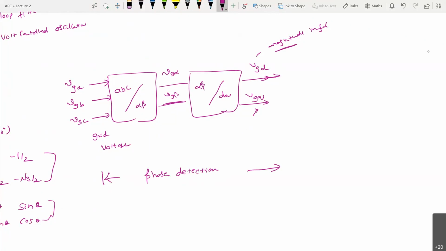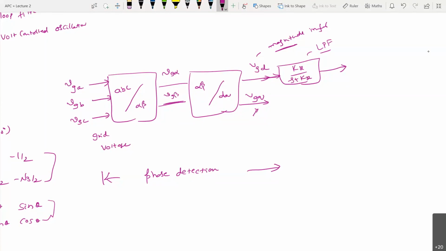If you have some noise in this magnitude, we normally require a low pass filter, which will be something like this with some gain, S plus KV. KV is the voltage gain of this low pass filter. The first one gives you the magnitude component, and the second one gives you the frequency component.